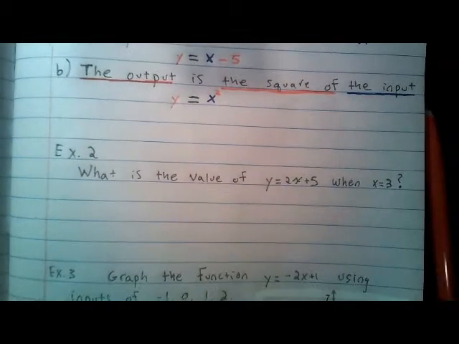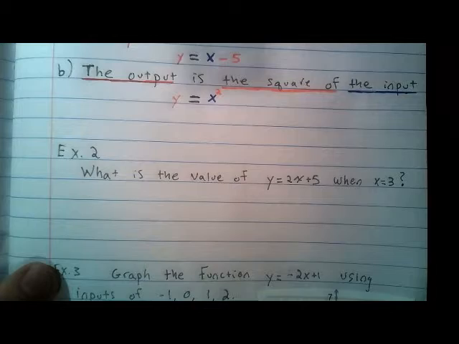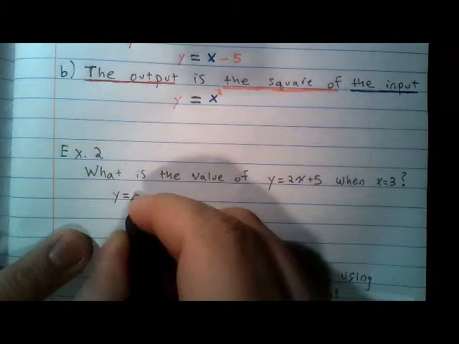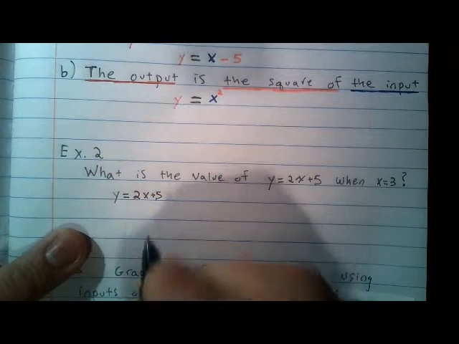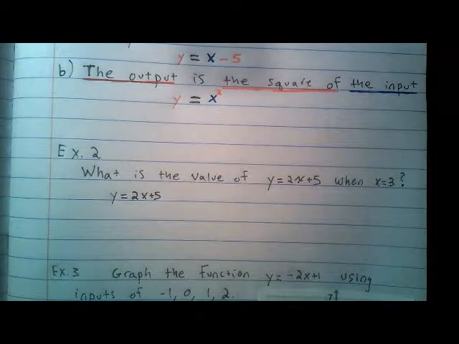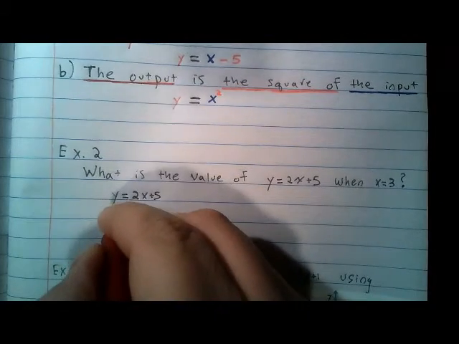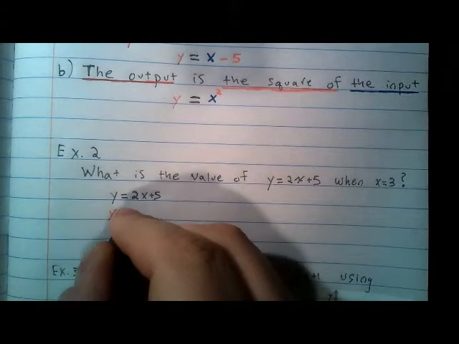What is the value of y equals 2x plus 5 when x equals 3? Well, first we have our equation, y equals 2x plus 5. And I know x is 3. I'm evaluating. I want the output when x is 3.